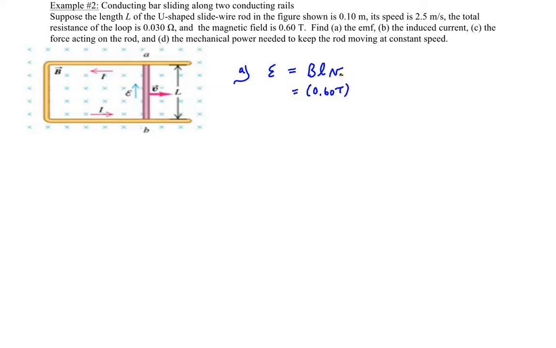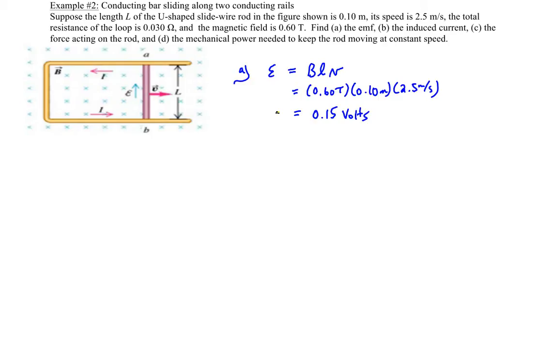We have the length of the bar, L, and that is given as 0.1 meters. And we're given the velocity, which is 2.5 meters per second. So go ahead and calculate that now. This will give you a voltage between A and B, which is the motional EMF, of 0.15 volts.